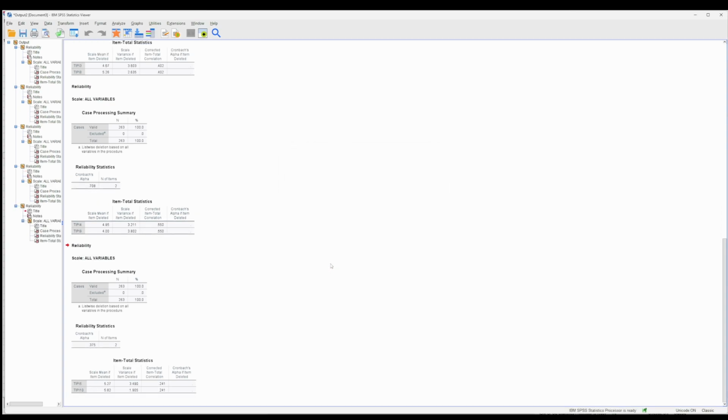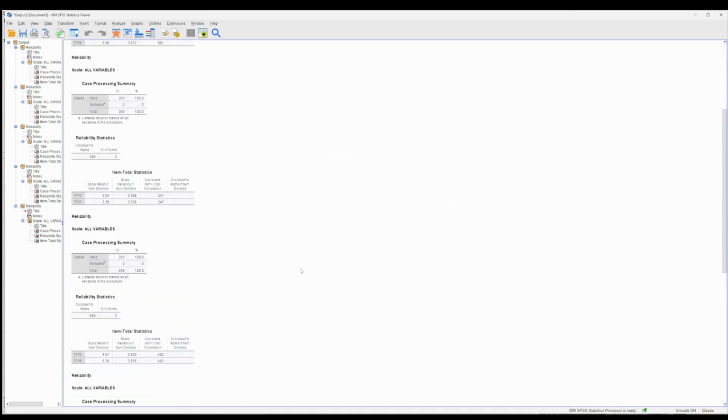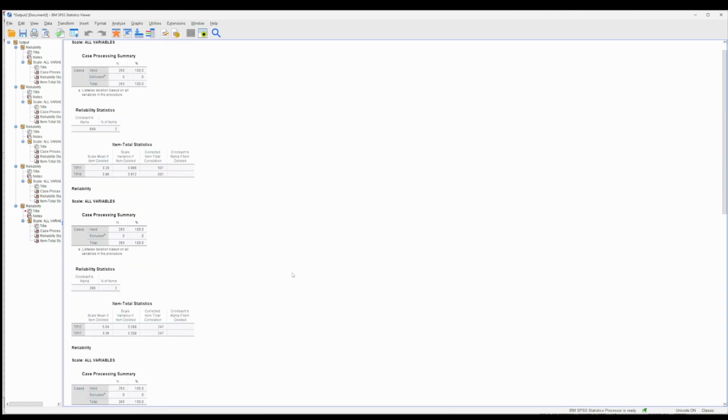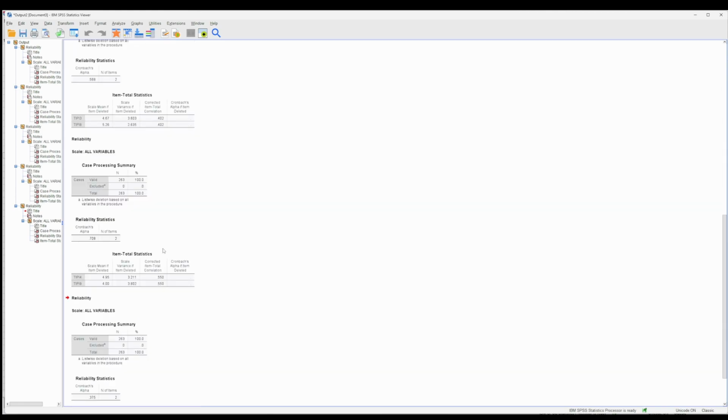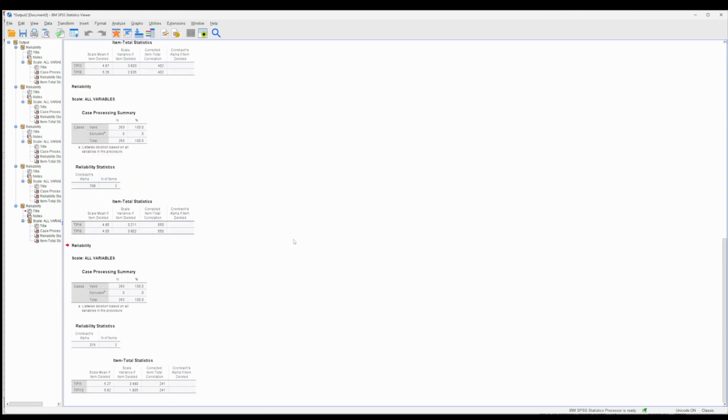Also not very good. Okay, of course these only have 2 items for each construct, so obviously the more items you have, the more flexibility you have in calculating it, and whether they all represent a certain construct. So that scale is, well, it could be better.